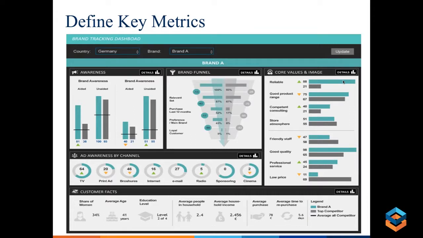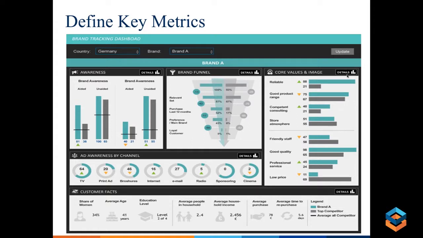You can see that just in this one dashboard, we have all the key things that certainly a CMO, a C-suite, and even areas within the marketing group are interested in. You've got the brand awareness, of course, aided, unaided, which is very typical in that type of study. We've also got competition, you've got some benchmarks in there, you've got some arrows of directional, how you're doing, up and down.